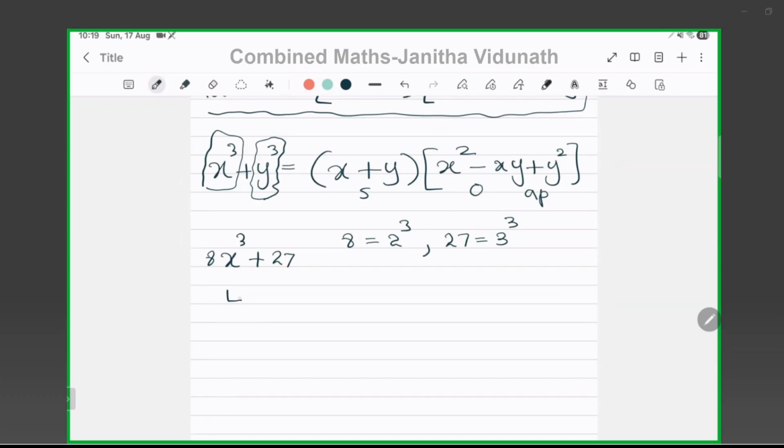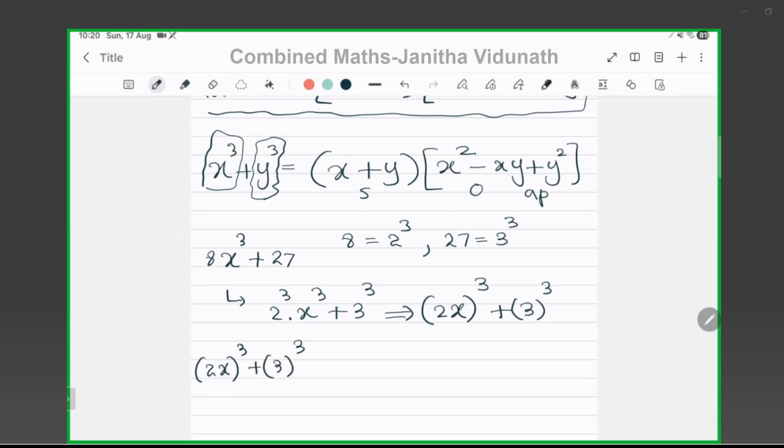Then we can write this as 2 to the power 3 times x cube plus 3 to the power 3. Here we can rewrite this as 2x whole cube plus 3 whole cube.